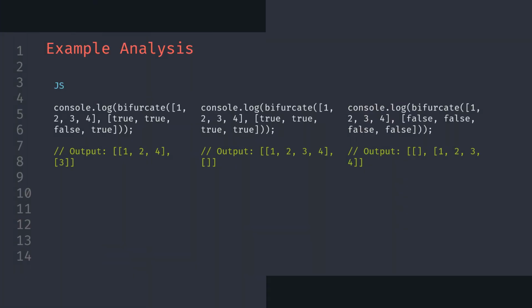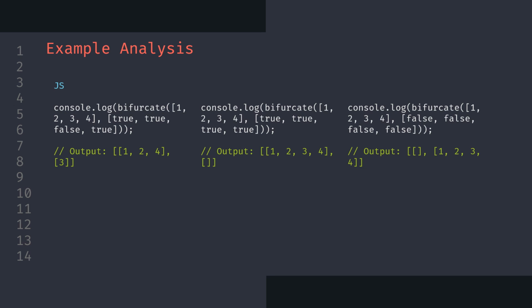Here are some example outputs. For the first example, with the filter of true, true, false, true, the output is 1, 2, 4 for the first group and 3 for the second group. For the second example, with the filter of all true, all elements go to the first group, resulting in 1, 2, 3, 4, and nothing for the second group.